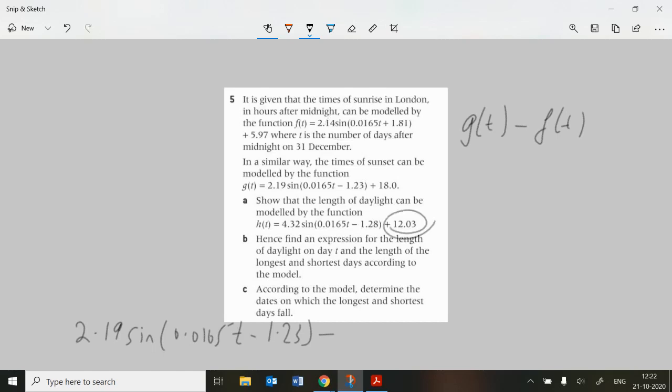Again, the numbers at the end are just this take away this, so that's not particularly interesting. It's the other part, the combination of the two sine bits, which is going to be challenging here. Then we take away 2.14 sine of 0.0165t plus 1.81 there. So that's what we've got to figure out.